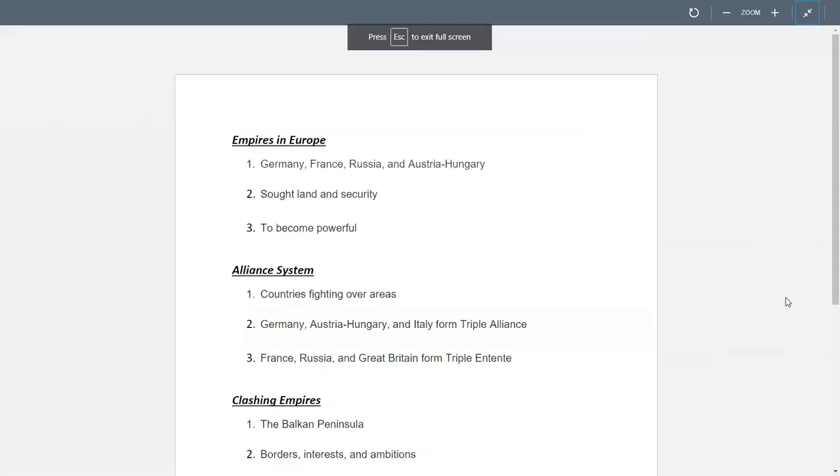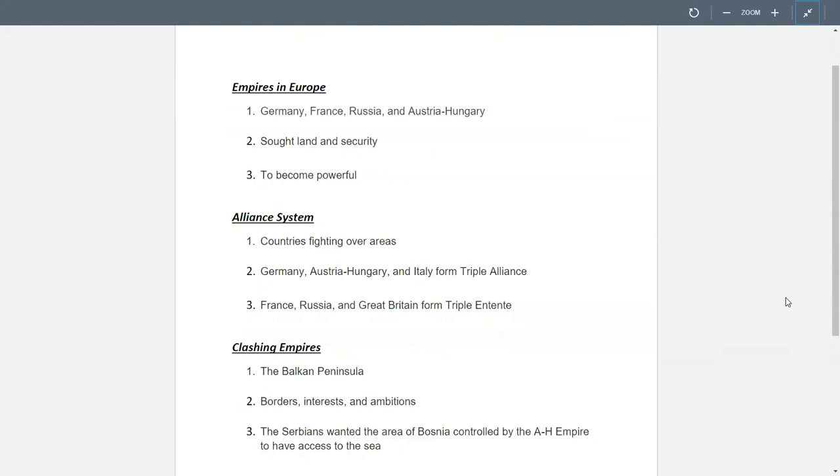Okay, so during the late 1800s into the early 1900s, you have some empires that come to be very powerful in the world. Germany, France, Russia, and Austria-Hungary specifically. Each of these empires sought land and security.